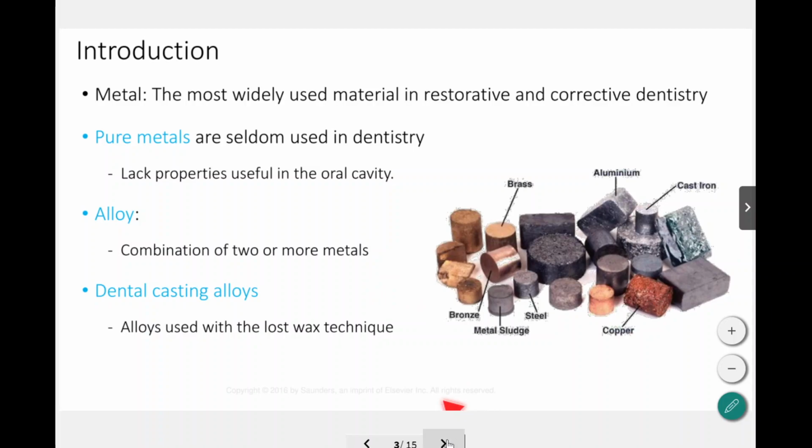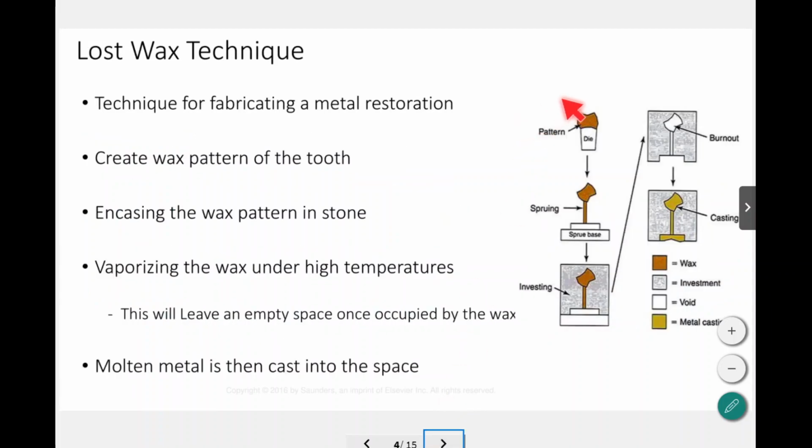Okay, so let's revisit that. Technically, what we do, exactly, it's wax, and then metal fills in, right? So let's say you have a tooth that you want to replace, or make a metal for. You build it first with wax, and that's the wax pattern.